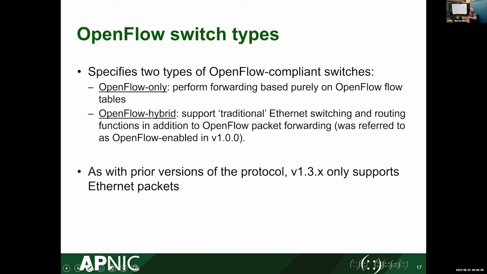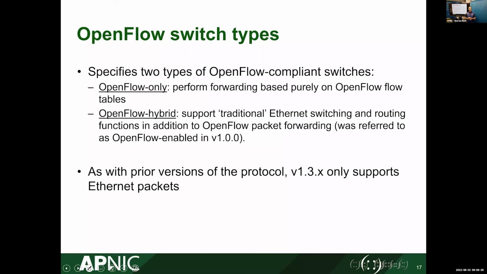From an Openflow point of view, there are two types of switches. There's what's called an Openflow only switch and an Openflow hybrid switch. The difference between them essentially means that if it's Openflow only, it can't send packets without being able to communicate to the controller first.